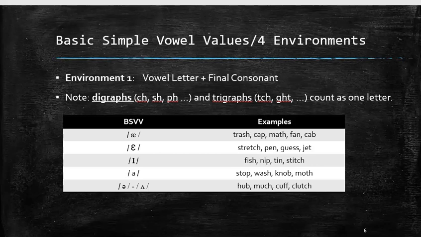So again, you have the vowel letter, which represents the simple value a, which is a lax sound, will occur at the end of the word, preceding a final consonant, which can be 1 letter, a digraph, or a trigraph.